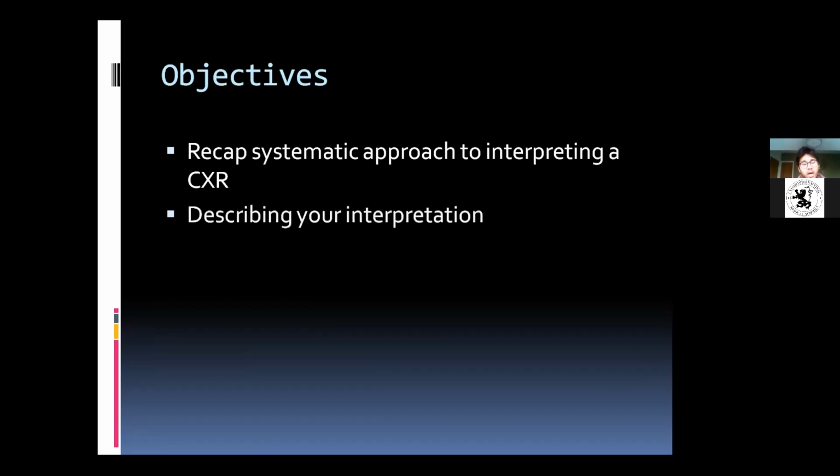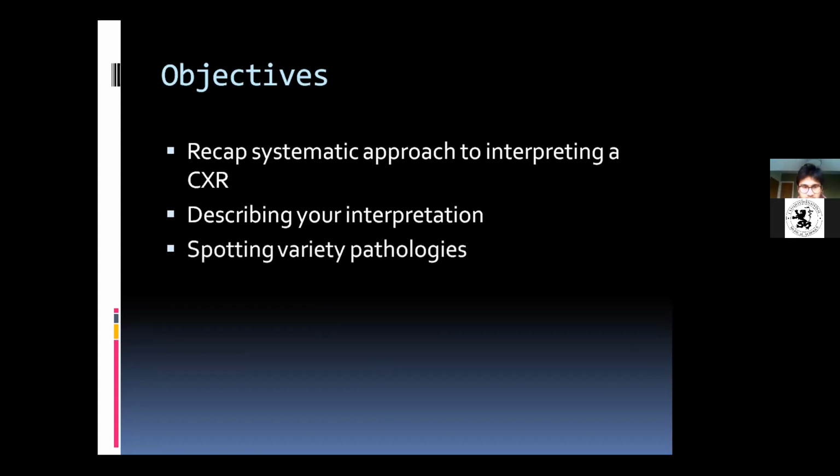We're going to start off with me giving you an X-ray, and you're going to describe that X-ray and your interpretation of it, just by yourself. You don't have to share it with me or anyone else. Then we're going to go through all the different pathologies that are highlighted on chest X-rays.